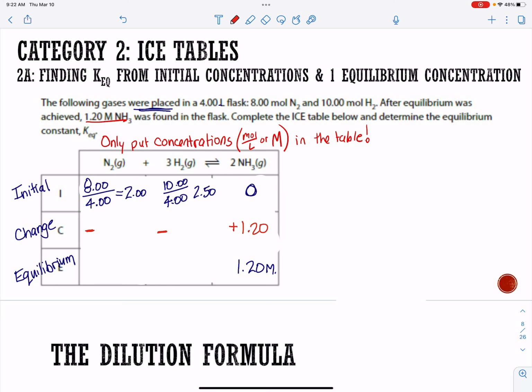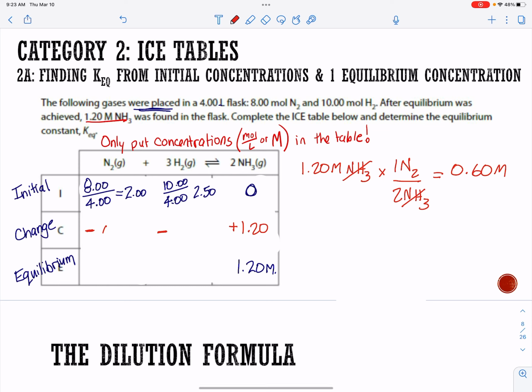And now we're going to use our mole ratios to try and figure out how much it's going down by. So I can use some stoichiometry to find that out. I've got 1.20 moles per liter of NH3 being produced. And I'm going to use up 1 mole of nitrogen for every 2 moles of NH3 that are being produced. So that tells me that the amount of nitrogen that's being used up is 0.60 moles per liter.